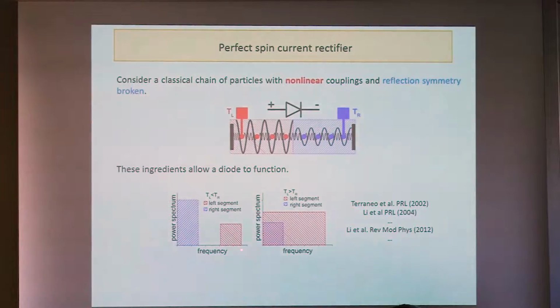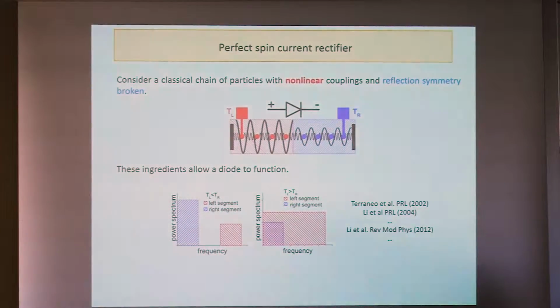For example, here this describes this portion of the chain. At low temperature, the response is only at these very high frequencies. When you increase the temperature, then the response can go also to lower frequencies. And then there is an overlap between the response on the two sides of the chain. And when there is overlap, you have good transport. So this would be like forward bias, good transport, and here you have bad transport, okay? And that's how you get rectification.